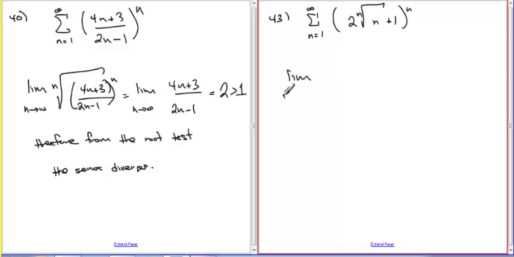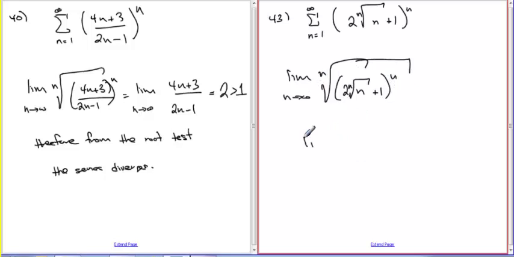Again, what we do is we take the limit as n goes to infinity of the nth root. Let's group all that together so I don't have to write it out. So the nth root. Since this converges because this is always greater than that.